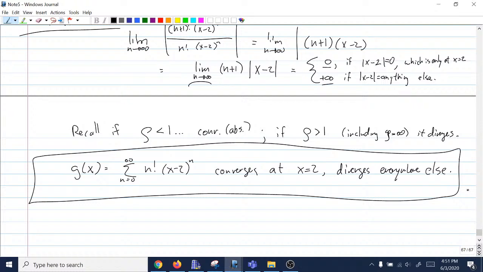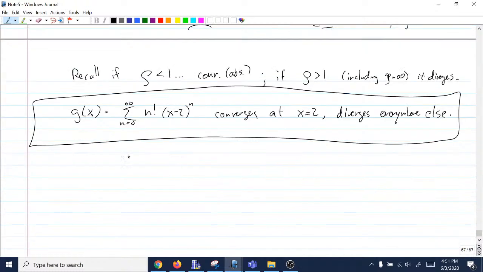The only time it converges is at one point. I said find the interval of convergence. The interval of convergence is the interval of all points that converge. We haven't said why I'm assuming that the places it converges will turn out to be an interval, but it will in a second.